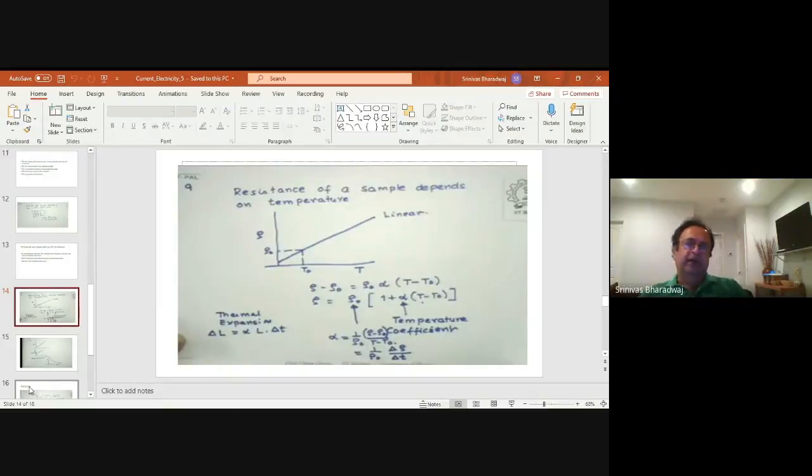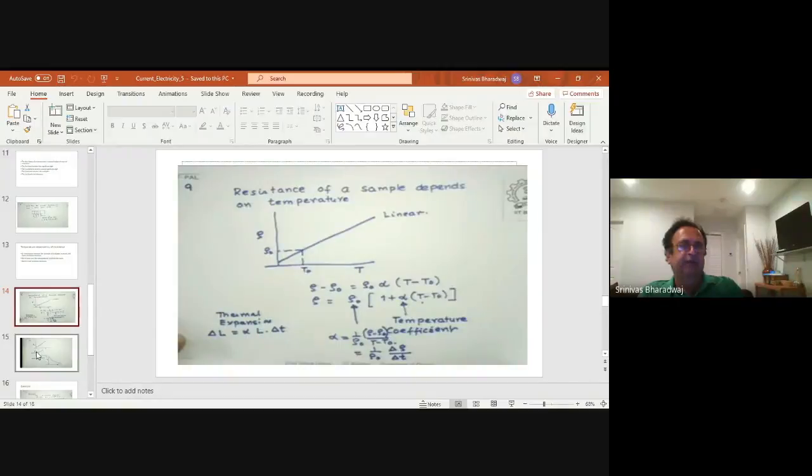If the temperature goes higher to T, you get rho naught times 1 plus alpha times T minus T naught. So delta rho is proportional to delta T, and alpha equals delta rho by delta T times 1 by rho naught.